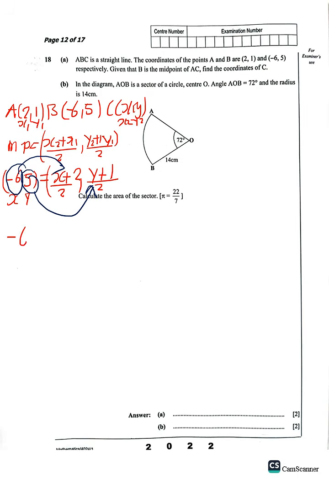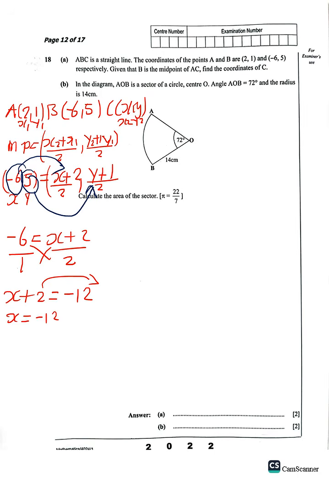So -6 is equal to x plus 2 over 2. So over 1 we cross multiply. 1 times x plus 2 is x plus 2. 2 times -6 is -12. So move 2 to this side will give us x is equal to -12 minus 2, x is equal to -14.